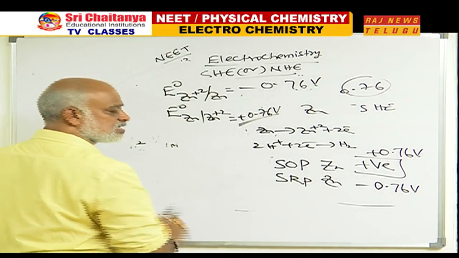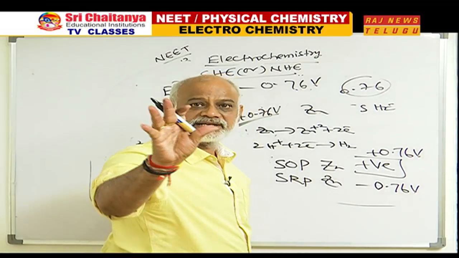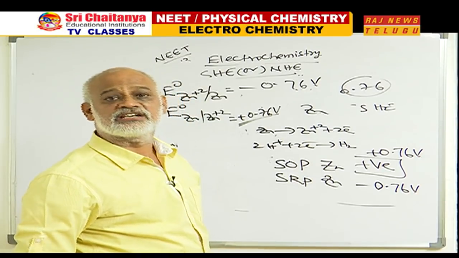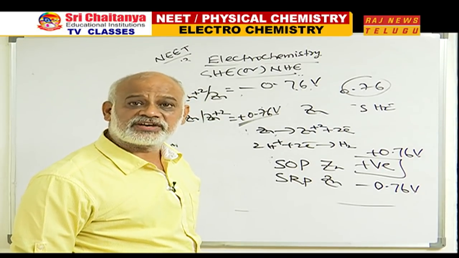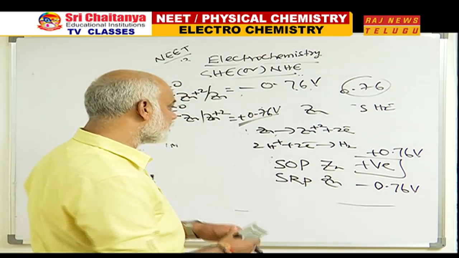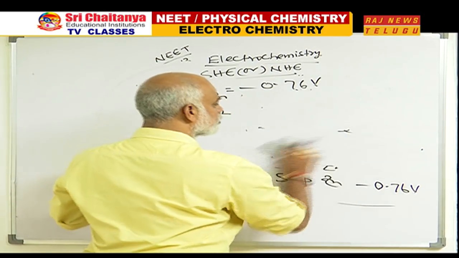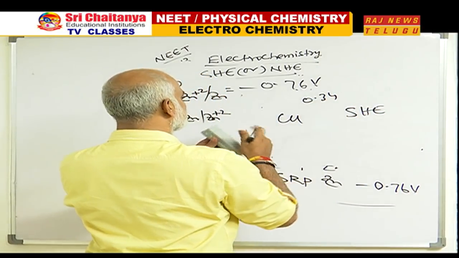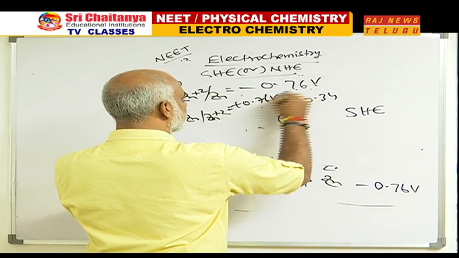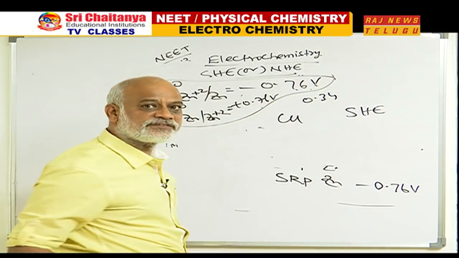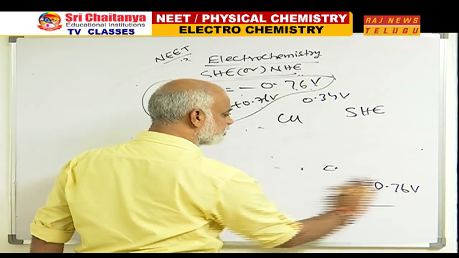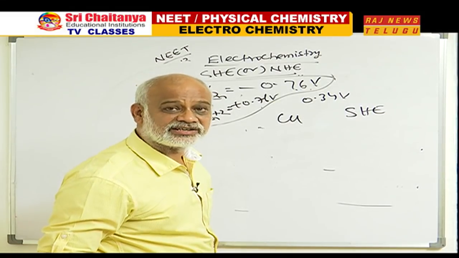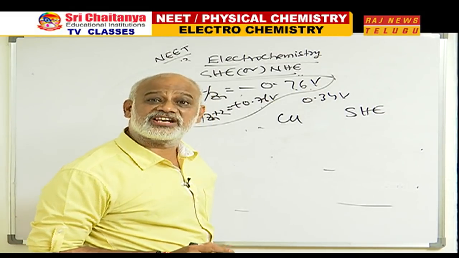Then the question is, for every electrode, magnitude of SOP is equal to magnitude of SRP. The only thing is, we should always determine the sign properly. Shall I rub it? Now, copper connected to standard hydrogen electrode. What is the difference that we studied? It is 0.34. It has been identified that when connected to standard hydrogen electrode, at copper electrode, reduction occurred.